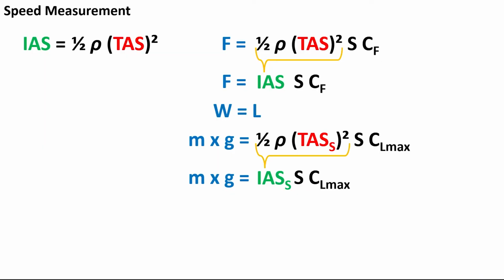But if you remove the compressibility effect, if you just focus on subsonic flight, less than 40% of the speed of sound, as you can see, your indicated stall speed is constant with altitude, okay? And so we don't care anymore about the density or the temperature or the altitude.